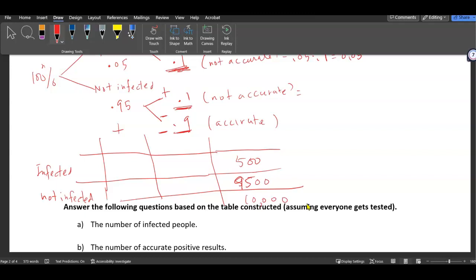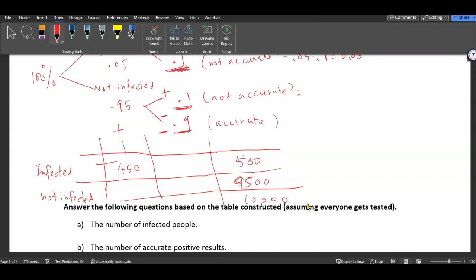Is it 10,000? Yeah, right. I think that's right. That adds up to 10,000. And then you can say, okay, remember we said 0.045 is positive and infected, so that should be 10,000 times 0.045, so that should be 450.